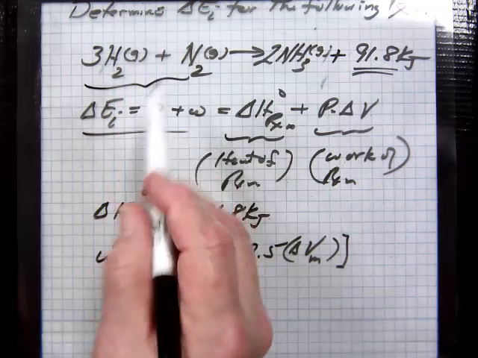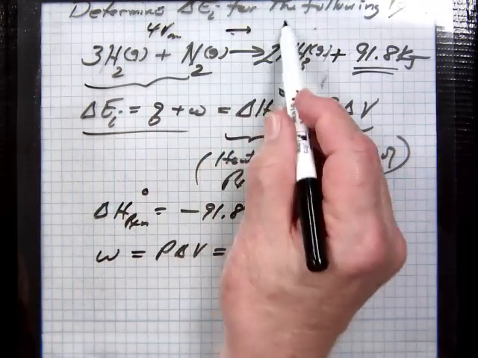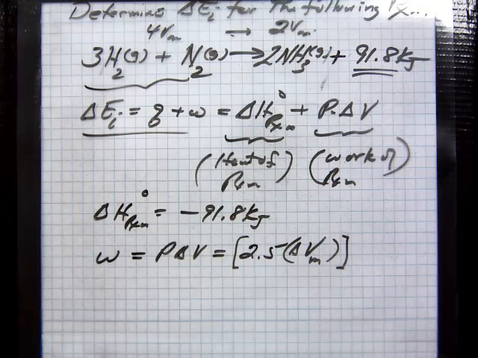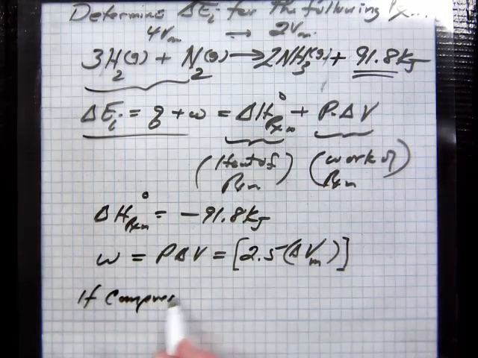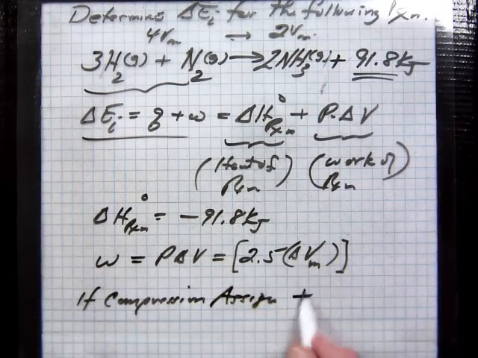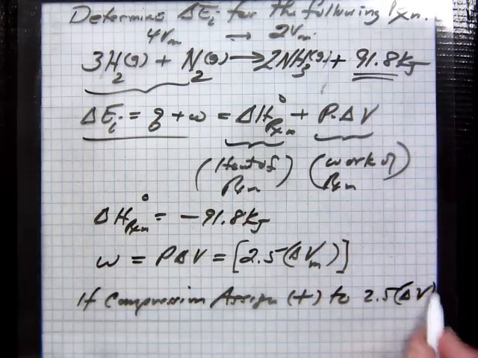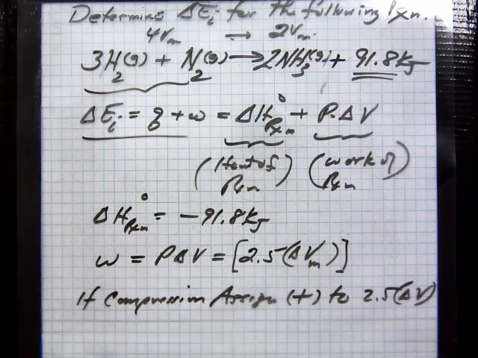This is 4 molar volumes going to 2 molar volumes, and it decreases, and that's a compression reaction. If it's a compression reaction, assign plus to 2.5 delta V. So this we'll put a plus on, and then algebraically add it back to a minus 91.